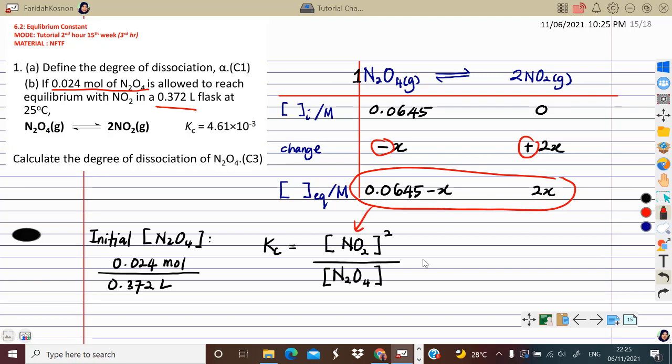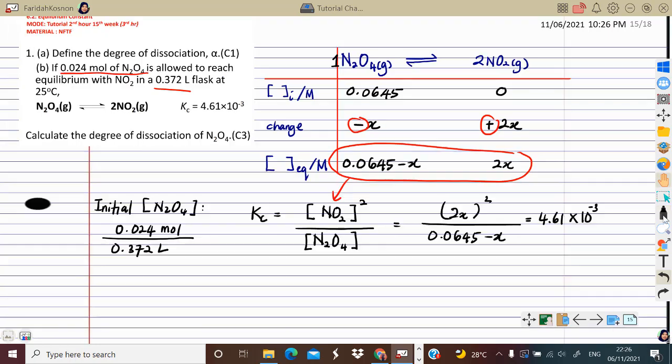Tunjukkan pergantian. So this one is 2x power of 2, divide by 0.0645 minus x. So now you have to solve for x dengan kita sama dengan kan this one with Kc 4.61 times 10 to the power of negative 3. Okay, so selesaikan untuk x.